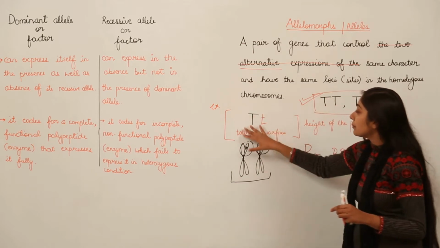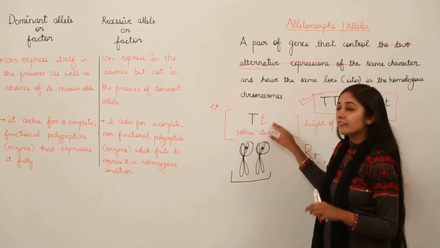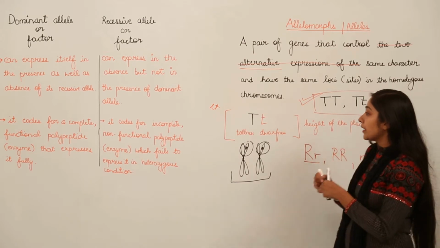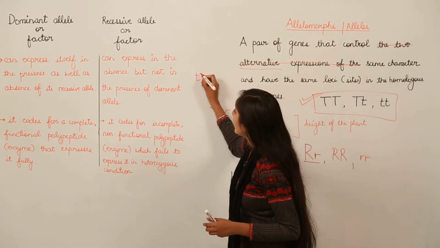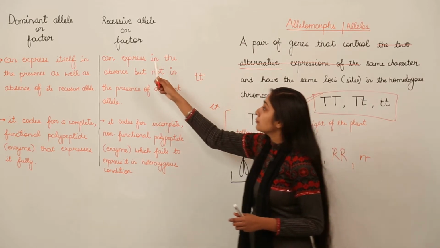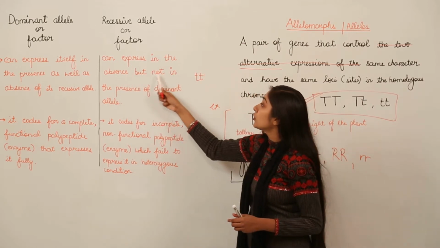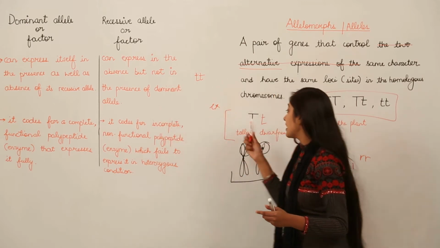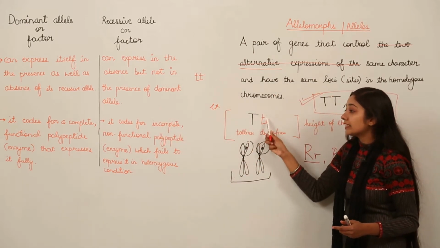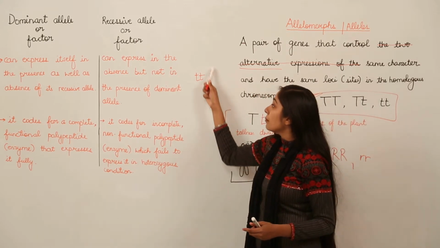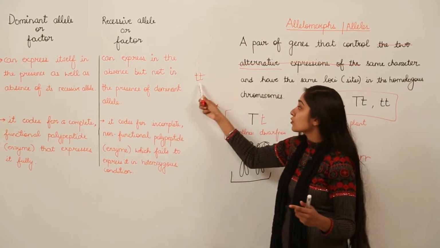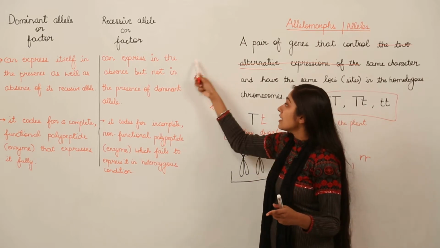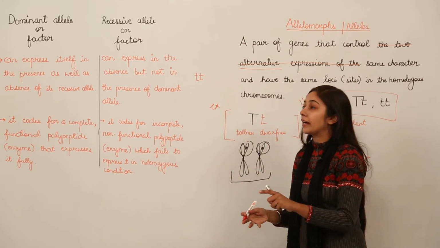The recessive allele can only express when we have a pair like this. So it can express in the absence but not in the presence of the dominant allele. If the dominant allele is present, it will not express itself. But if the dominant allele is absent, this is going to be expressed, meaning now we will have a short height plant.